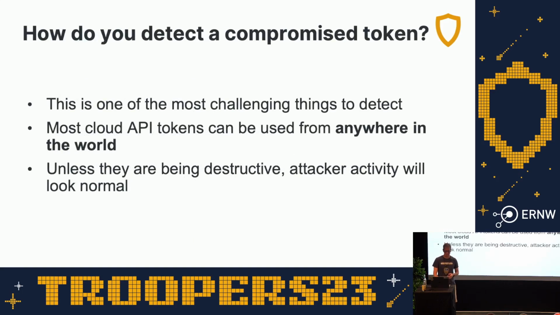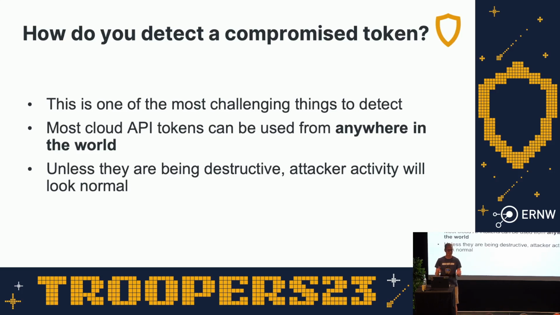And so they're also one of the most challenging things to detect from a detection engineering point of view. Because when you have a cloud token, like an AWS secret key, the attacker can take that key and go use it from their own infrastructure. Now I don't have endpoint logs. I don't have proxy logs. I don't have anything. They're just talking directly to AWS. So maybe I have some CloudTrail logs, but that's it. There's nothing else.